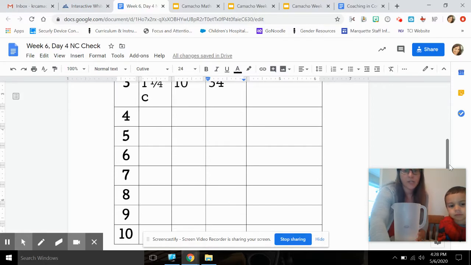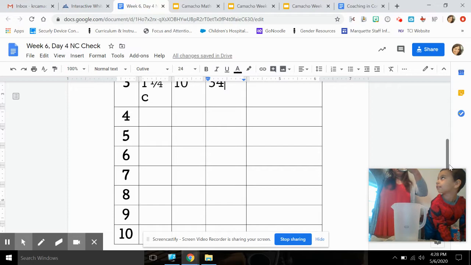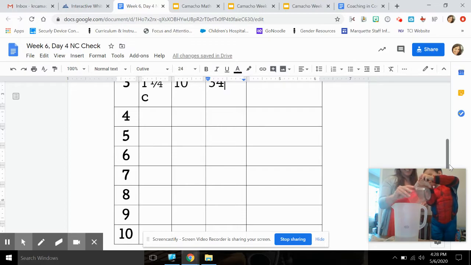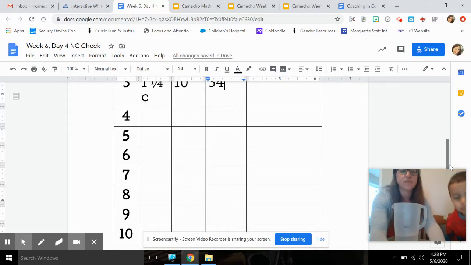All right, Wyatt, 1 1/4 cup. Here we go. All right, maybe dump it in a little more carefully this time. Good job. We are not to our line yet, so we're gonna keep going.